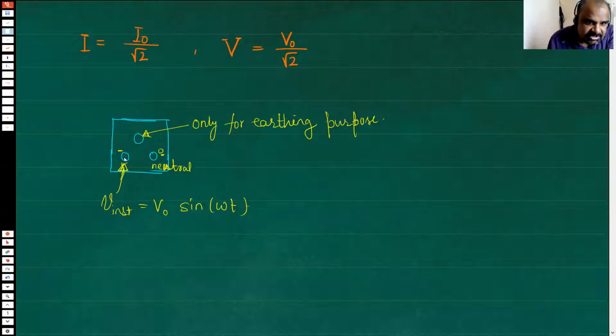Only the potential of this wire is changing, sometimes positive, sometimes negative. When it is positive, then obviously this is positive terminal compared to this. But when it is negative, this is always zero, but then you can say that this is positive terminal compared to this. Is that fine?